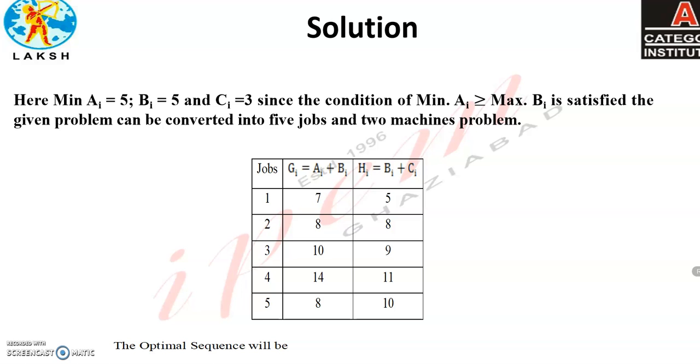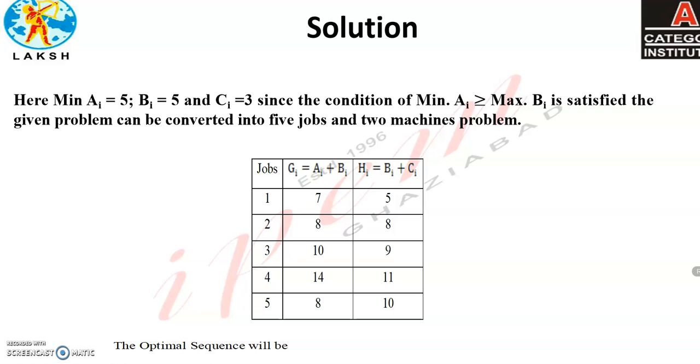So in this we will find the minimum time taken by machine A, the maximum time taken by machine B, and the minimum time taken by machine C, right? So there are two conditions.